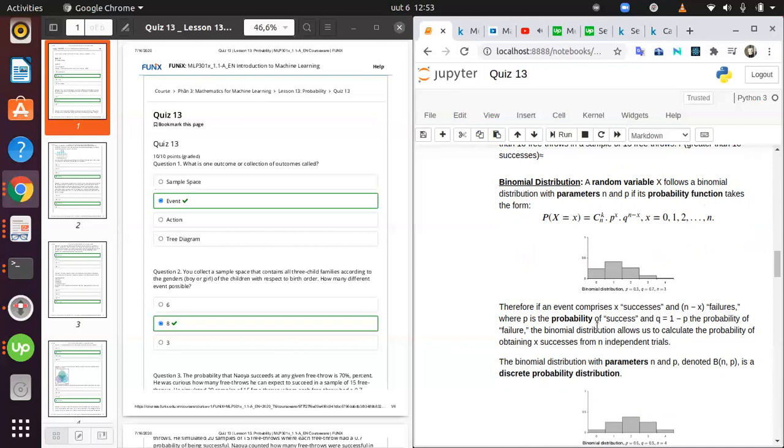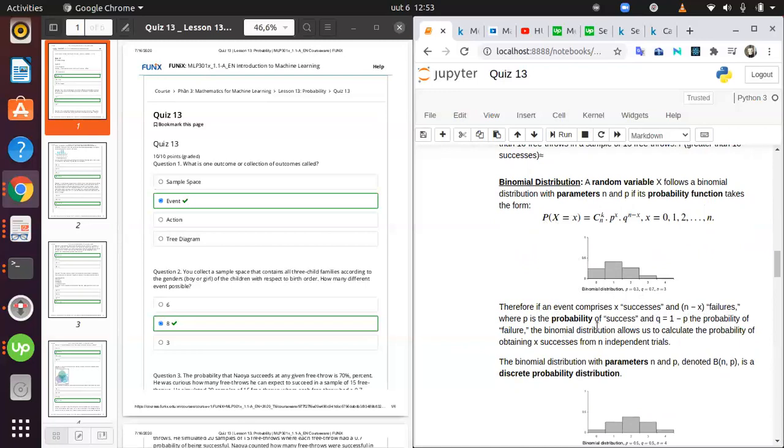In our case, when he makes one free throw, either he gets into the basket or he gets out of the basket. If he gets in, it's a success. If he gets out, it's a failure. And they gave us the probability for success, which is 0.7, and the failure we can guess. And he repeated 15 times.